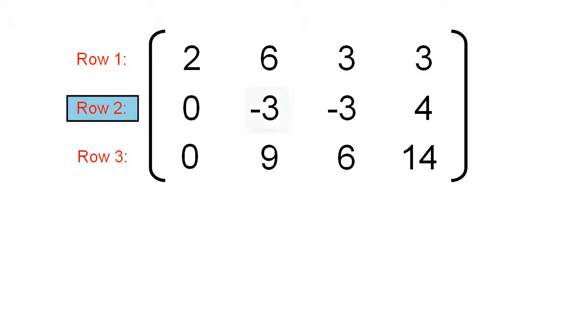And when we finished with row 1, we want to move to row 2, which starts with a 0, and take the first non-zero entry to clear zeros above and below it. In other words, we will use a linear combination of row 2 with row 1 and with row 3 to get zeros above and below the non-zero entry of row 2.